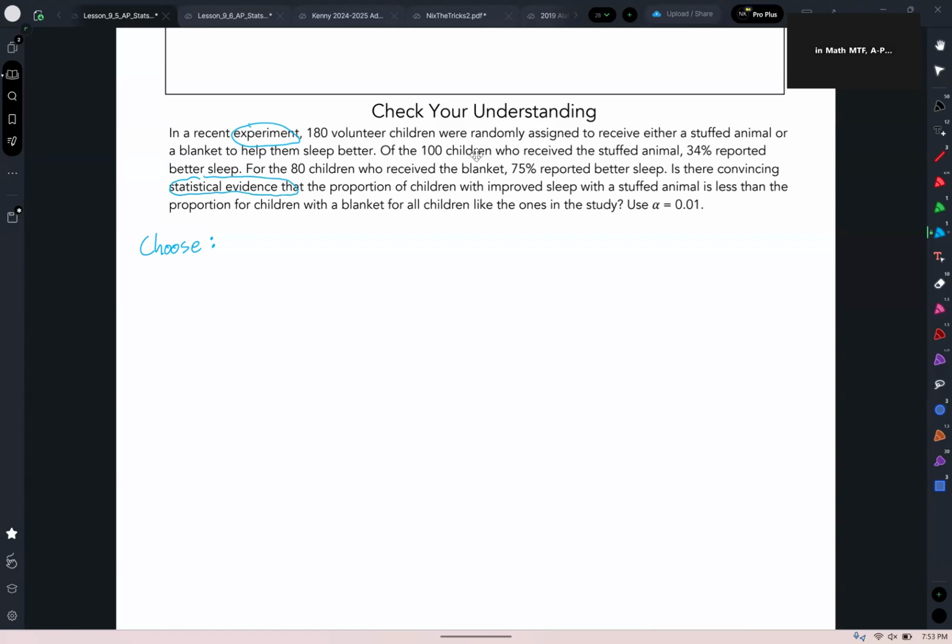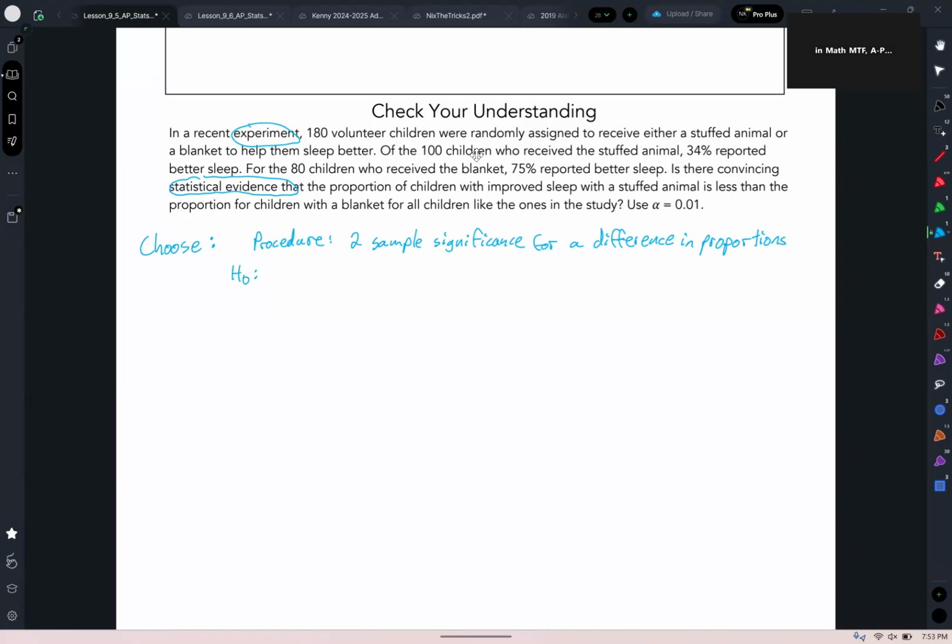So the fact that I'm looking for statistical evidence, got two proportions, my procedure is a two sample significance test for a difference in proportions. You can also just call that a two proportion z-test. So there's my procedure.